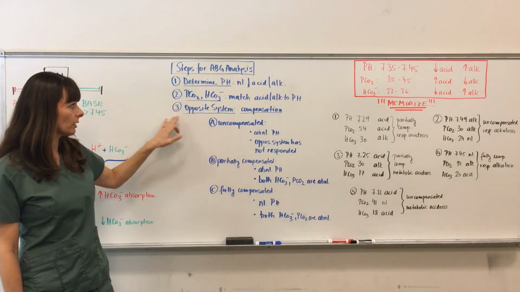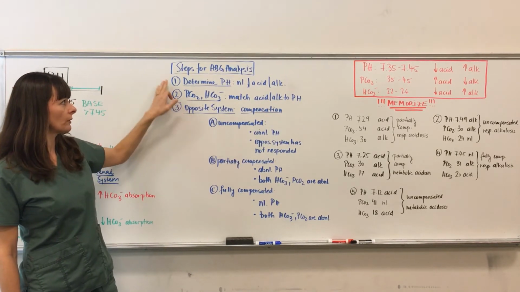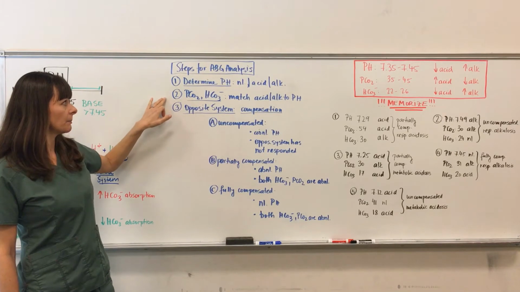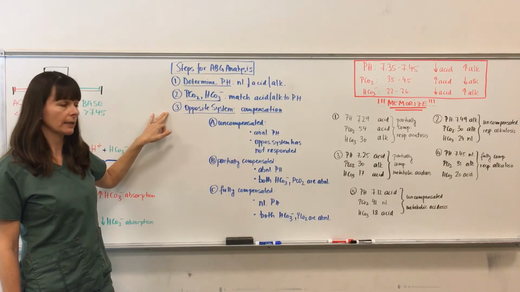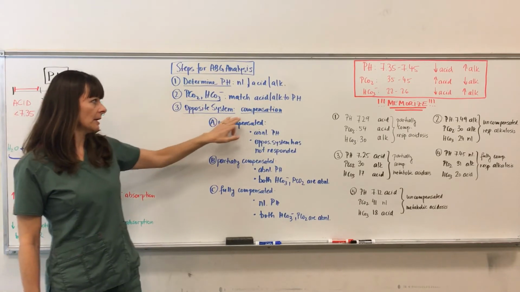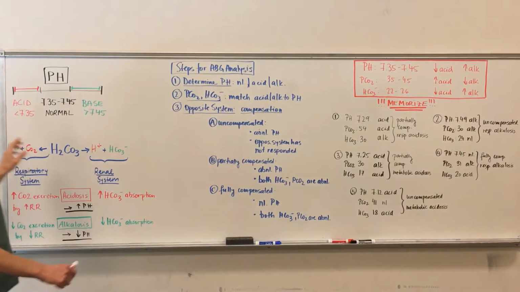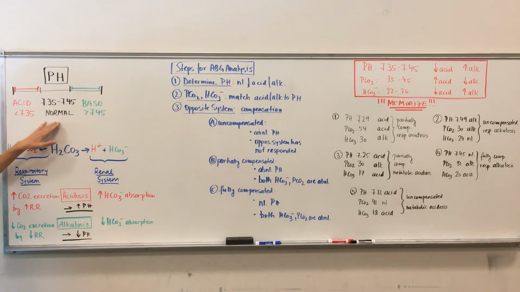Step number three, we're going to look at the opposite system. So if we've now determined that, let's say, the PCO2 matches the pH, then we're going to now look at the bicarbonate. So that's the opposite system that's trying to compensate to try and bring the pH back into normal range.